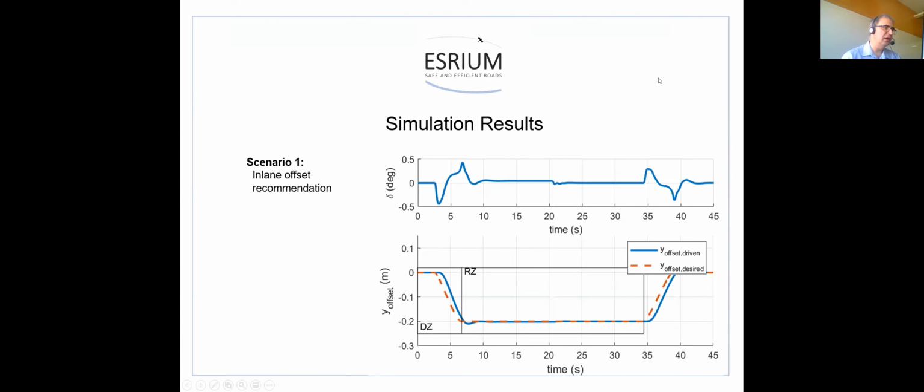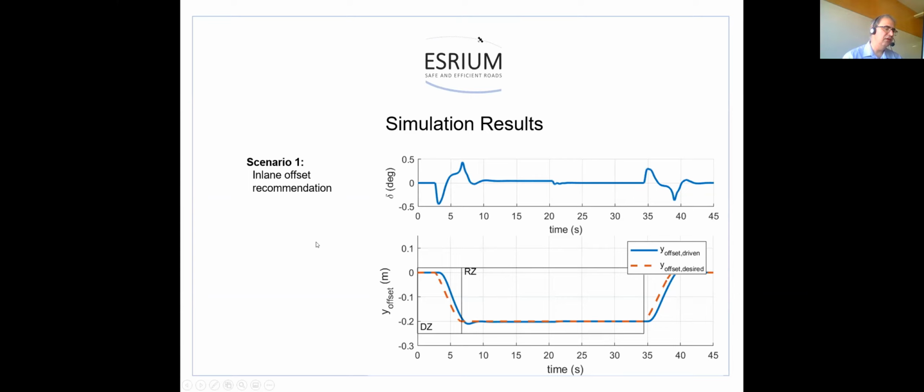This is the result from the inline offset recommendation. In the upper figure, you see the steering wheel angle. In the lower figure, you see the Y offset of the vehicle. The vehicle is driving along the X-axis of the road, and the Y offset is the offset to the center line.